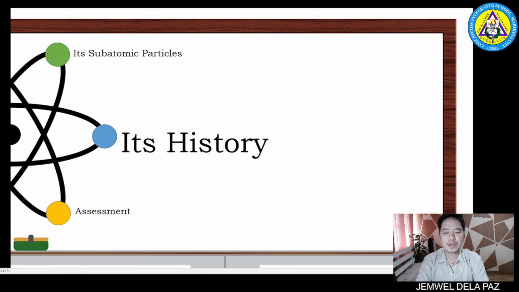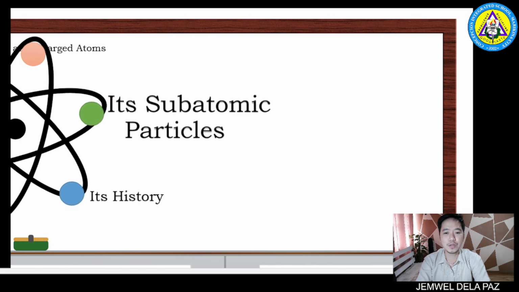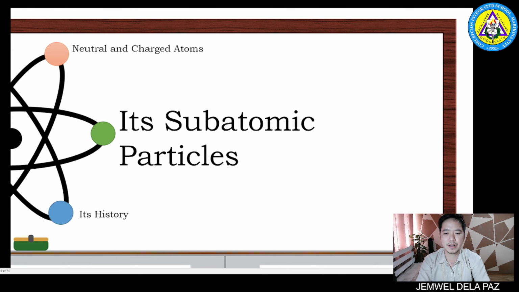I would like to run through our session for today. First is its history. We will be discussing the history of the atom and the other persons involved in developing our understanding about the atom, followed by the subatomic particles of an atom. I'll be showing to you the different parts, subatomic particles of an atom.